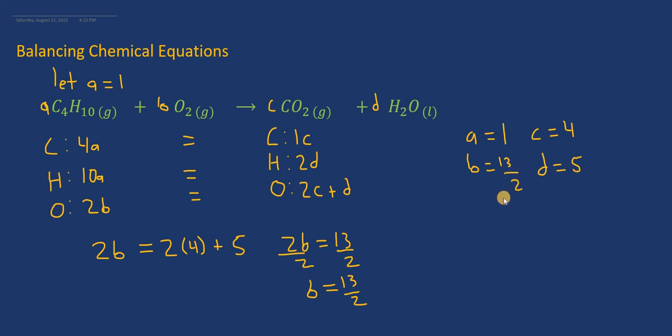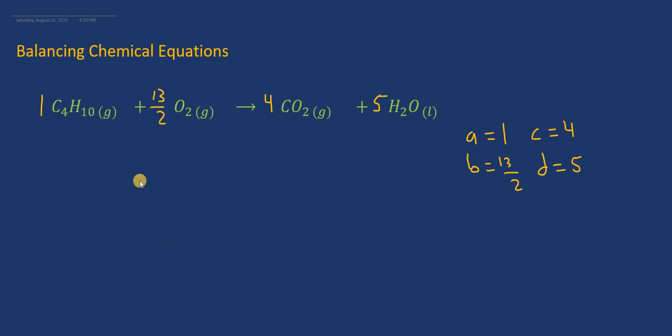So now that we have all the variables solved for, we can go ahead and plug them in as our coefficients in the reaction. So what I've done is gone ahead and plugged in everything for the variables that we solved for. And this is technically balanced, however, we generally don't want fractions in our final balanced equations. So this 13 halves kind of sticks out like a sore thumb. We typically want non-fractions as our coefficients.